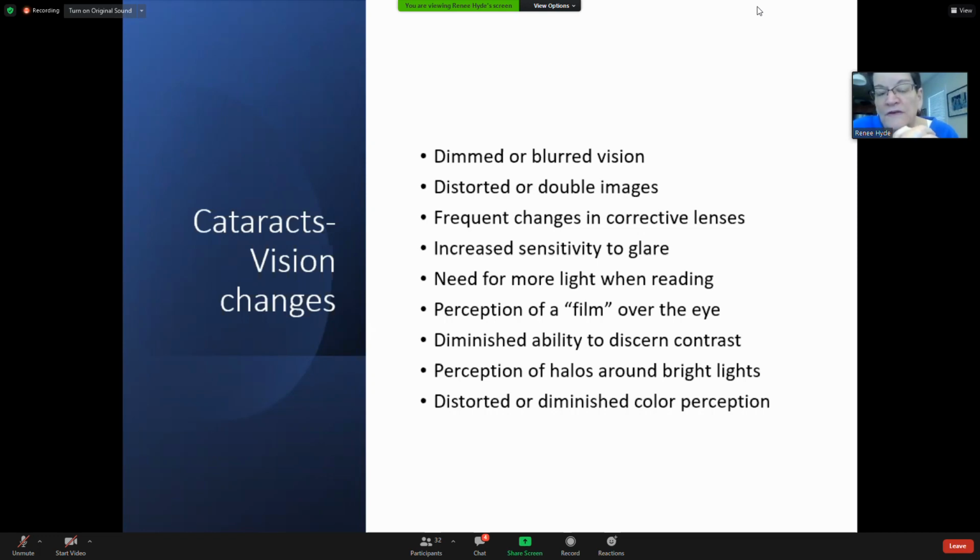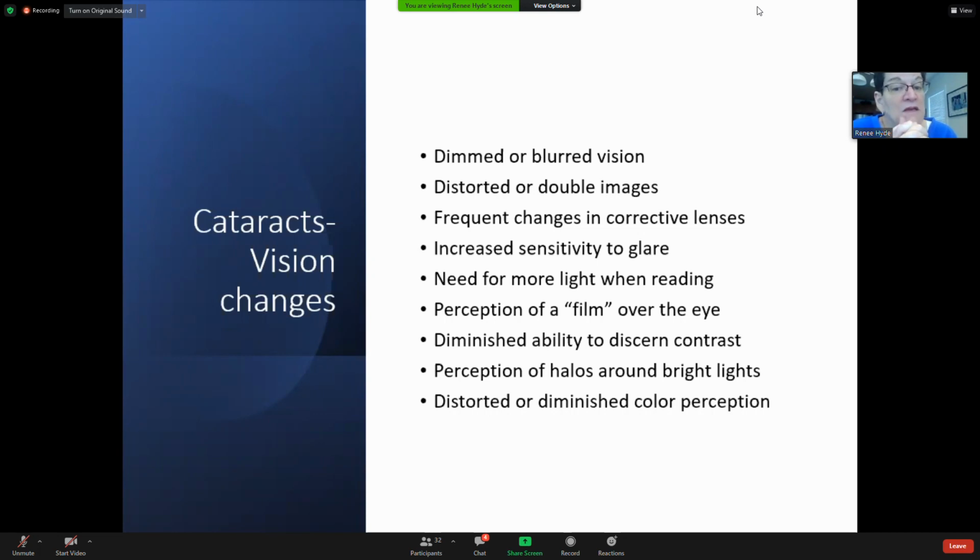Now, one of the things that will happen is that will work to a certain point, getting that stronger prescription. But it will work only to a point. The most definitive treatment for cataract is removal. Now, these patients will have increased sensitivity to glare.